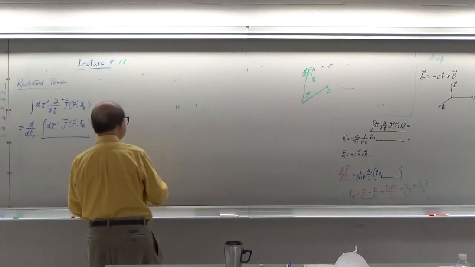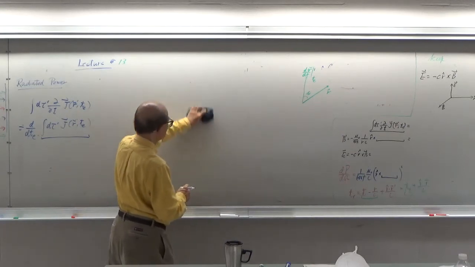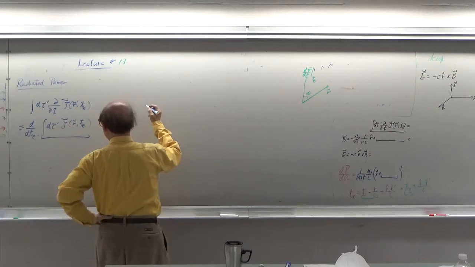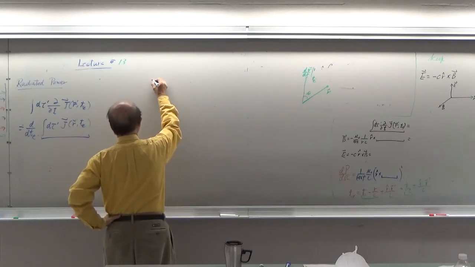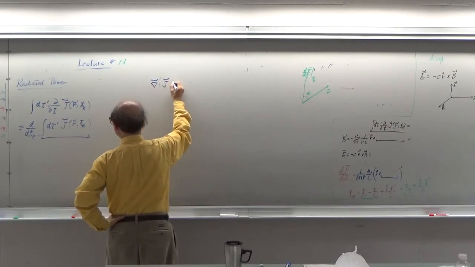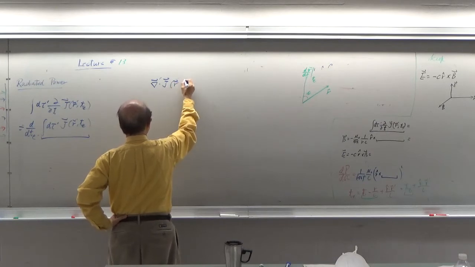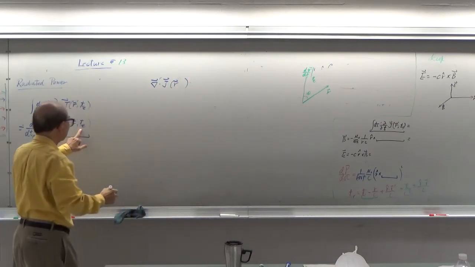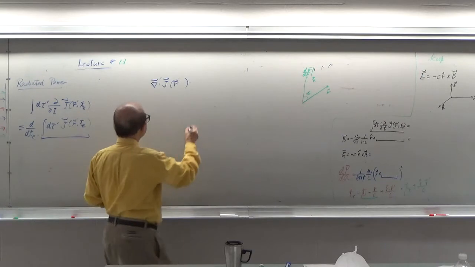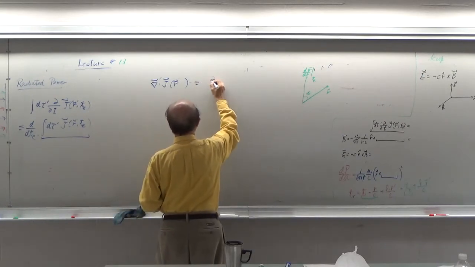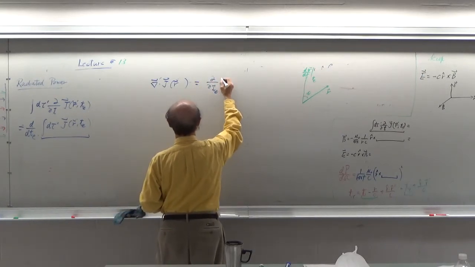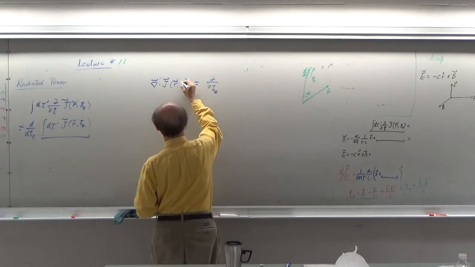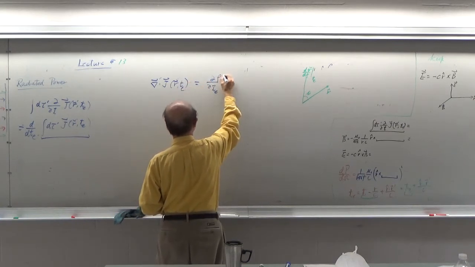Well, let me start with conservation of charge. So I have divergence of J at r prime, let me keep t_e understood, that is equal to minus del by del t_e of rho at t_e.